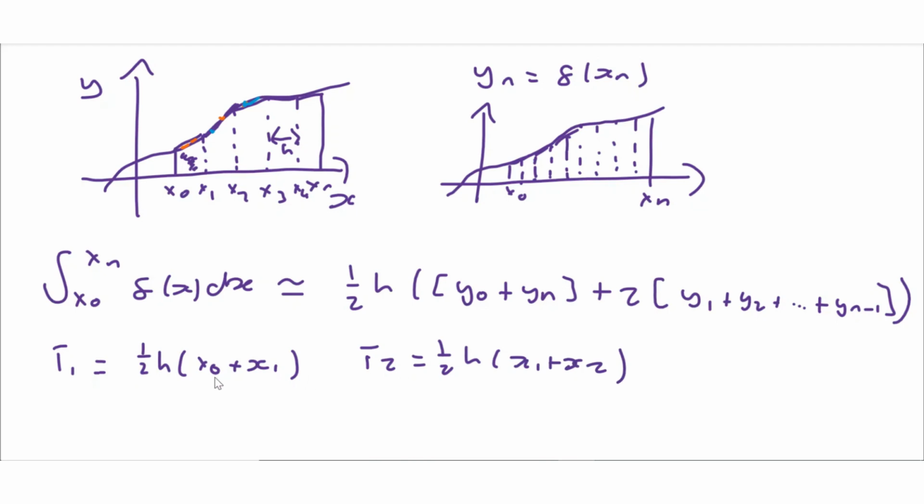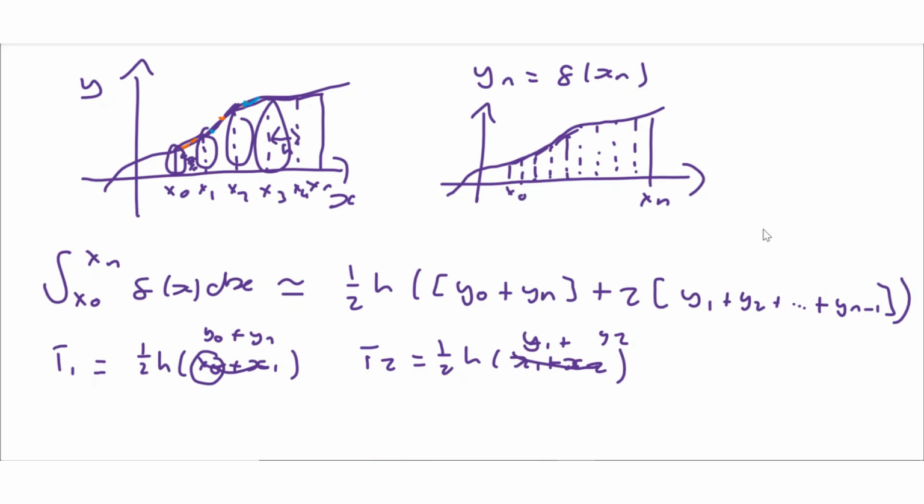Sorry, I'm putting x in here, that's wrong. It's supposed to be y, because it's at the point x, but the length of this line is y0, the length of this line is y1, the length of this line is y2, length of this is y3, and so on. So these are supposed to be y's: y0 plus y1, y1 plus y2.